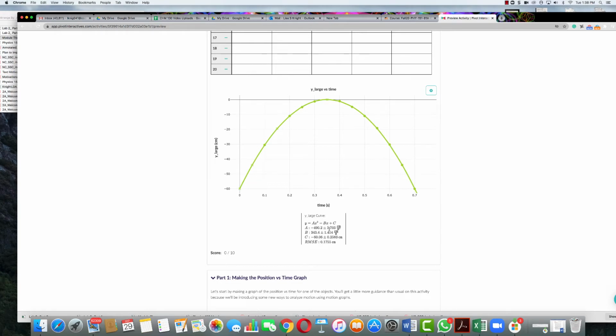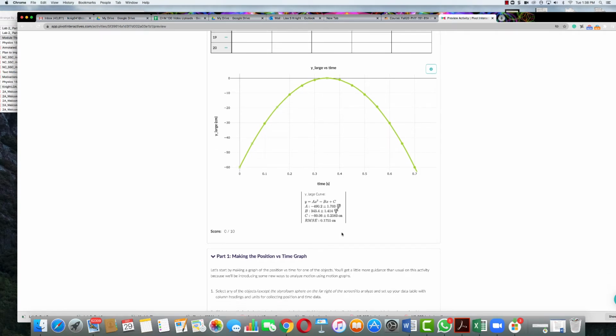B should be the initial velocity of the ball, which was about 343 centimeters per second. And C should be about where it started. And at that particular time that I started, it was at negative 60 centimeters, below the reference point.